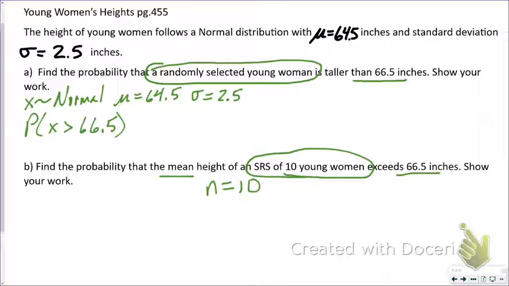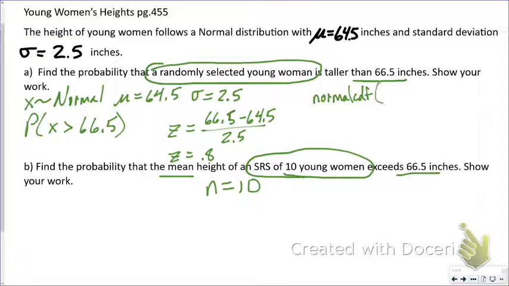And then we did a z-score. I think it's 0.8. And then you can just write the answer if you know how to use normal CDF. I'll write normal CDF here, but if you've written all that stuff I just wrote, you don't have to write this.